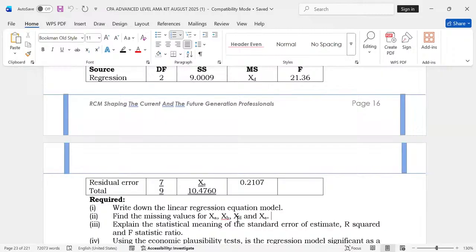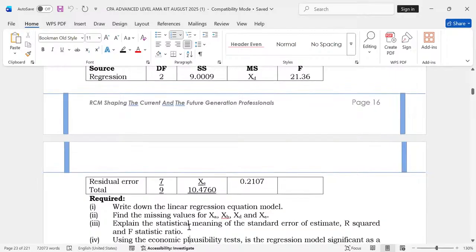Do you remember the concept of explained variance proportion? They must have forgotten that R squared is the explained variance proportion. The bigger the R squared is, the better the prediction abilities of the model. I'll be able to give you answers, but I would want you to understand. Then they also want us to explain what F ratio is, which I shall be able to do immediately.